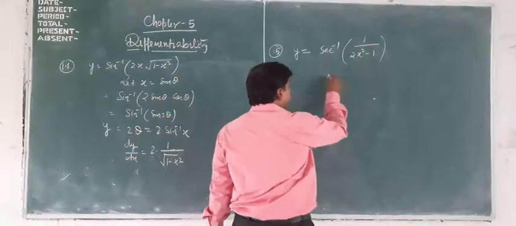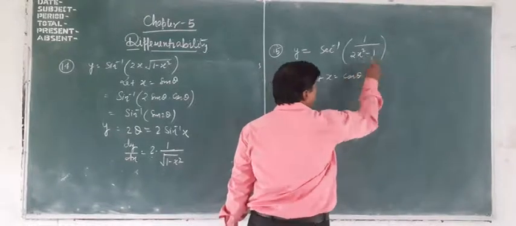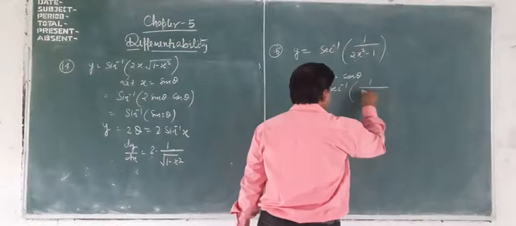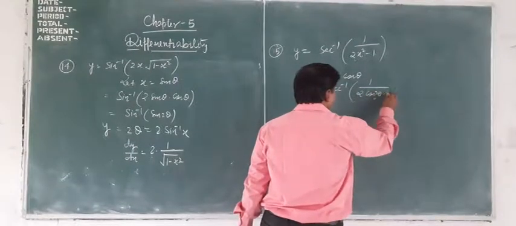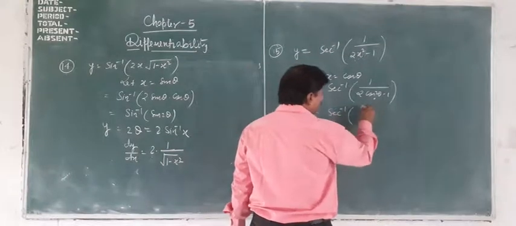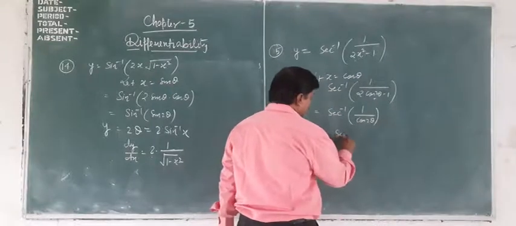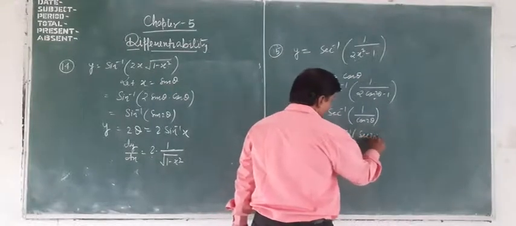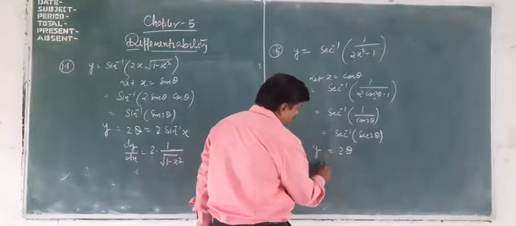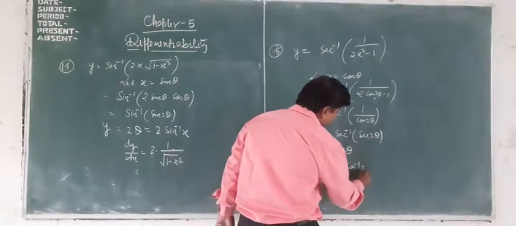If you put x equal to cos theta, this is 2 cos square theta minus 1, so the second one is 1 by (2 cos square theta minus 1). This is sec inverse of 1 by cos 2 theta, so this is sec inverse sec 2 theta, which is equal to 2 theta. Putting the value of theta, theta is cos inverse x.